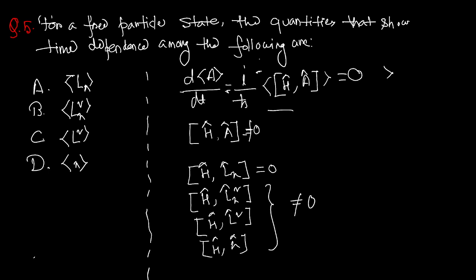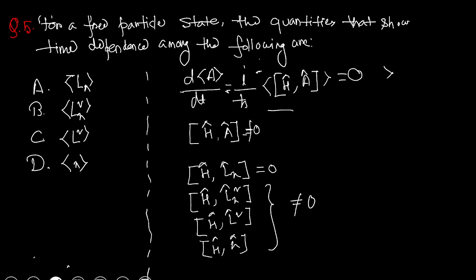So these three things will show time dependence. So the correct options are these three. If this type of question comes, we have to look at the commutation property, whether there is any commutation or not.